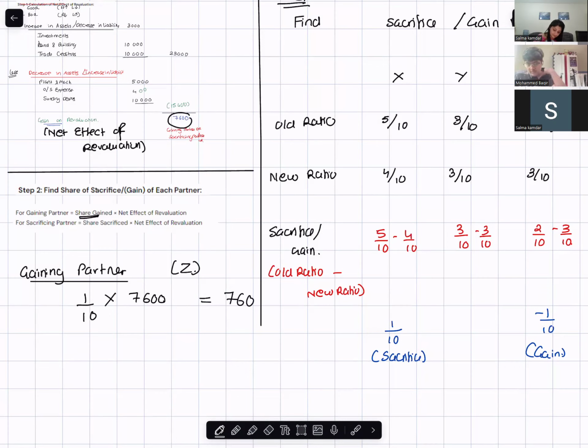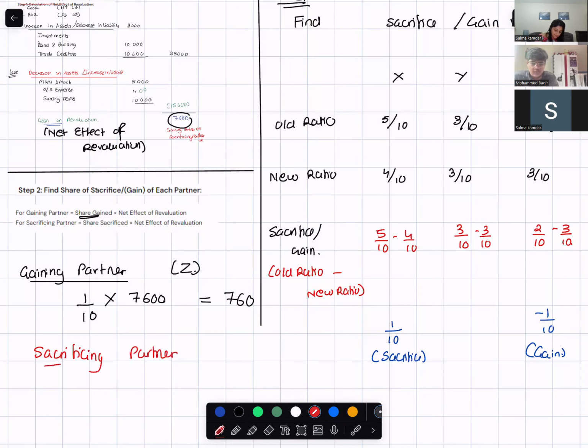Now I go to the sacrificing partner. Who is the sacrificing partner? X. What is the share sacrificed? 1 by 10. What is the net effect of revaluation? 7,600. So 760.